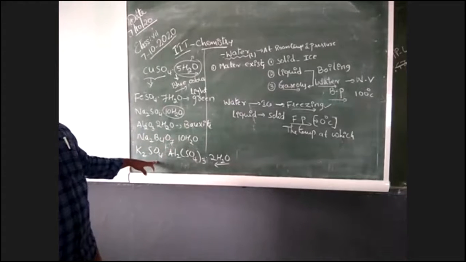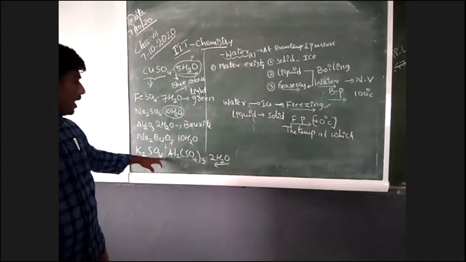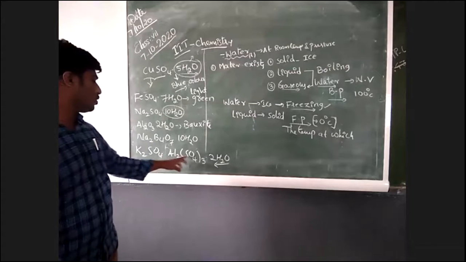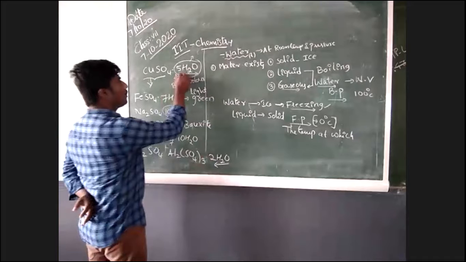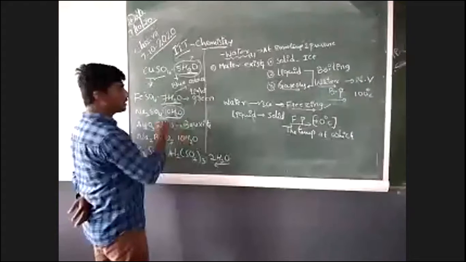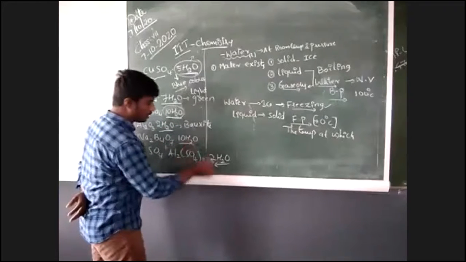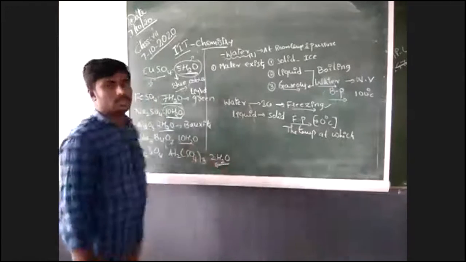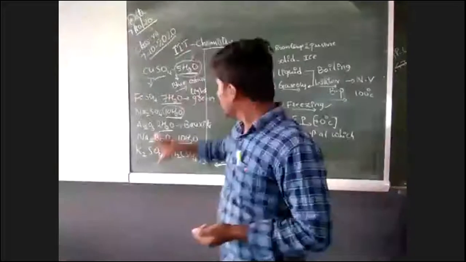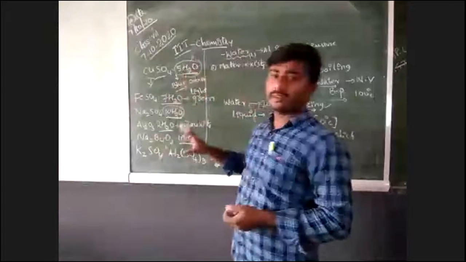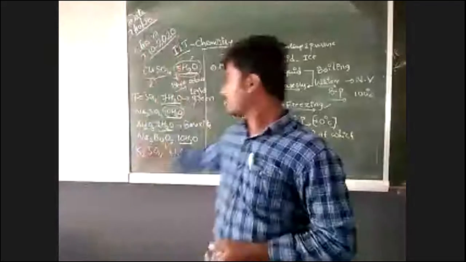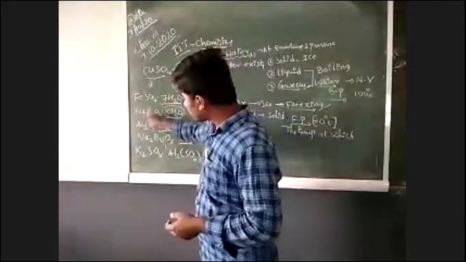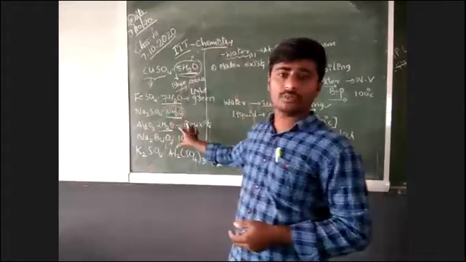And potash alum, K2SO4, Al2(SO4)3 with H2O. If we observe here, there are 5, 7, 10, 10 and 2 molecules of H2O. So these all are hydrated chemicals, hydrated crystals, water of crystallization. All these chemicals have some moles of water.